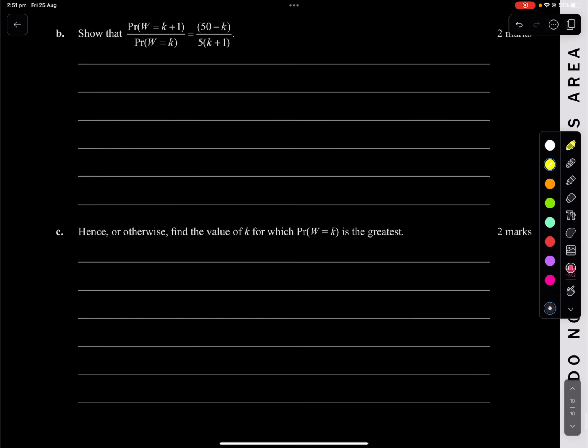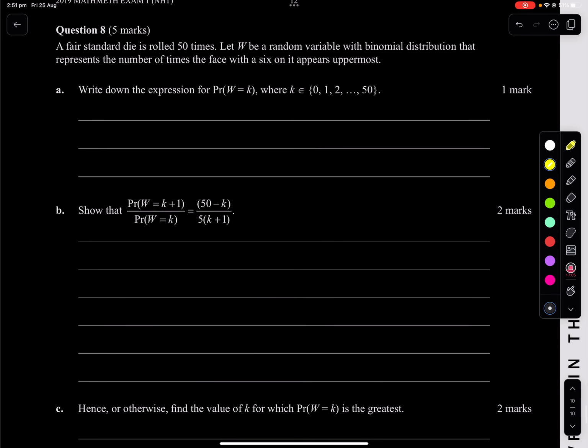Question 8. This is the last question. Okay. A fair standard die is rolled 50 times. Let W be the random variable of a binomial distribution that represents the number of times that the face with a 6 on it appears uppermost. Write down the expression of probability of W equals k, where k must be from 0 to 50. Okay, not too bad.